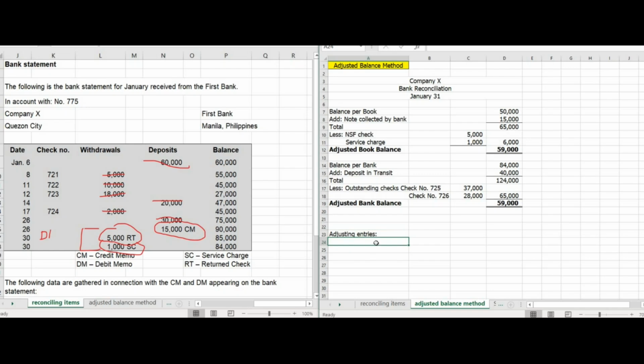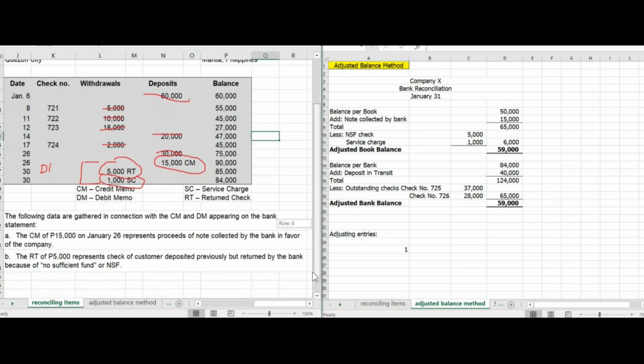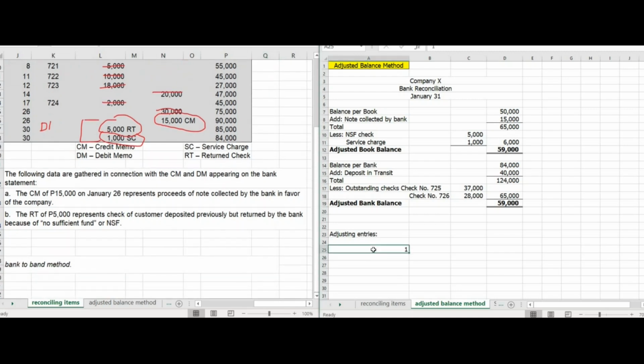So, for your adjusting entries, for number 1, that is note collected by bank. Based on the information we have in the problem earlier, that 15,000 is actually proceeds from a note collected by bank in favor of the company. So, that is a collection.